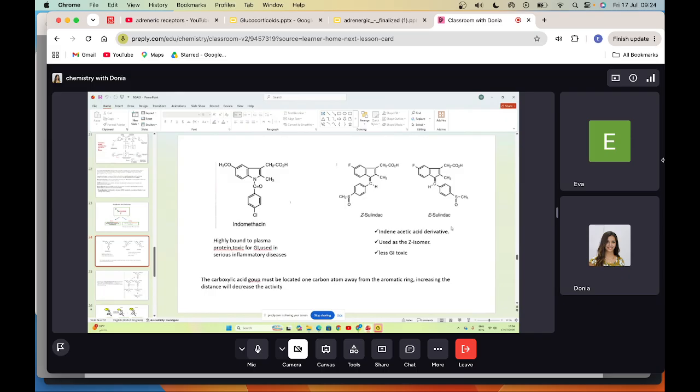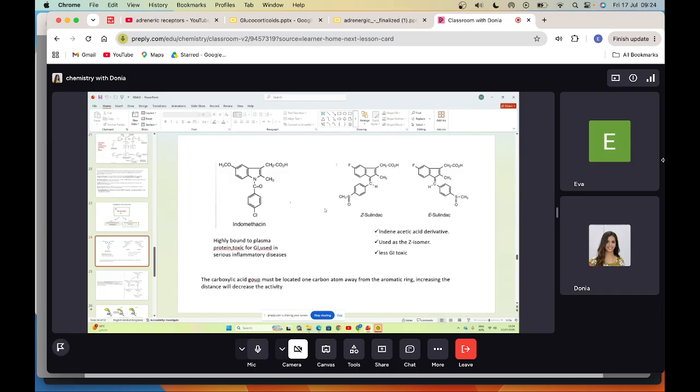The active form used for sulindac is the Z isomer and not the E. Is it clear now? The Z isomer is more active. It's given as a racemic mixture, but the Z isomer is the active one.